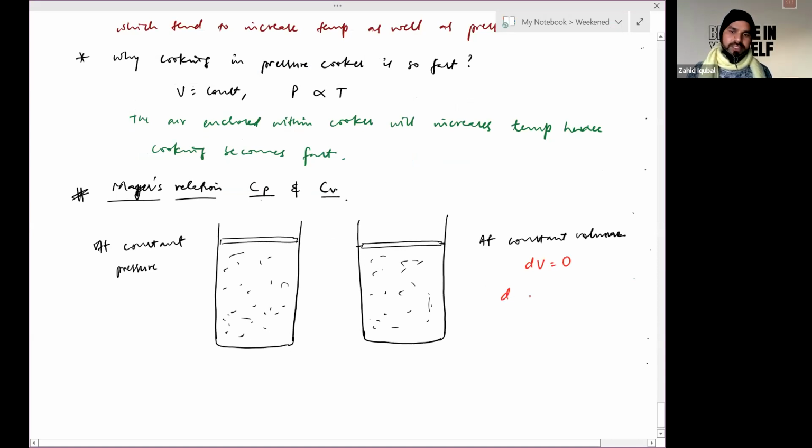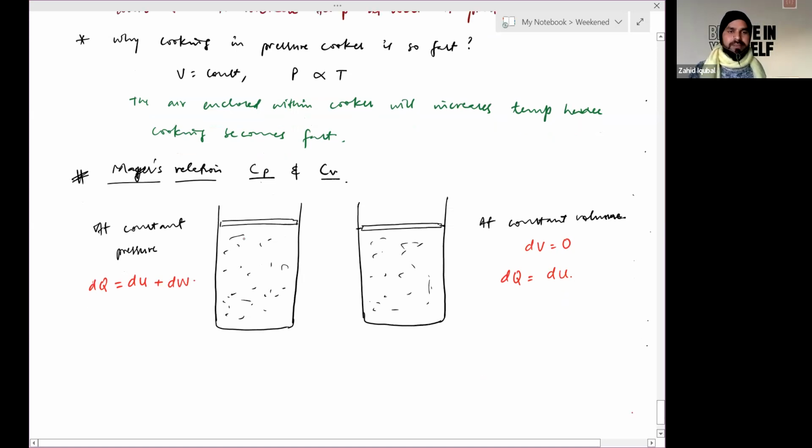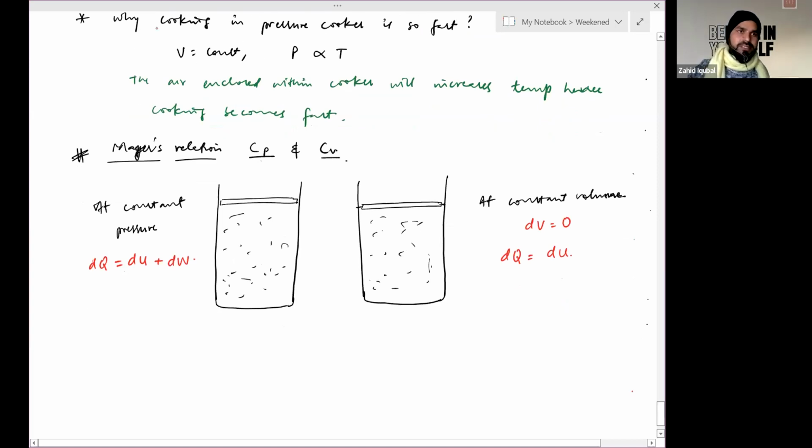So the amount of heat supplied to this system can be utilized only in changing internal energy. But in case of constant pressure, the heat supplied is utilized in changing internal energy as well as doing some work. So we have to relate Cp and Cv related to this process.